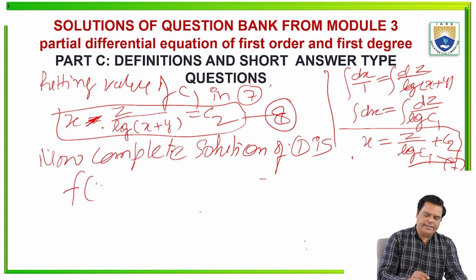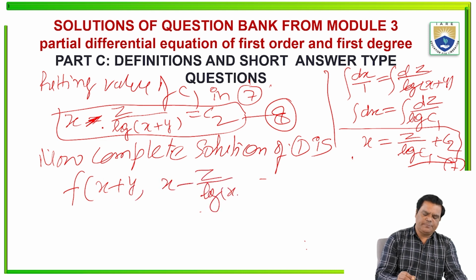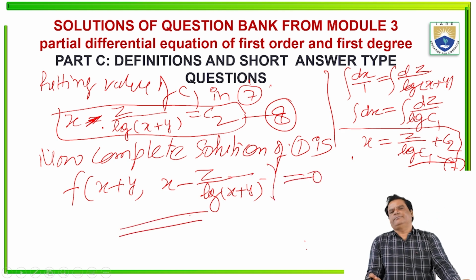First solution is x plus y, comma x minus z upon log x plus y, equal to 0. So this is the solution.